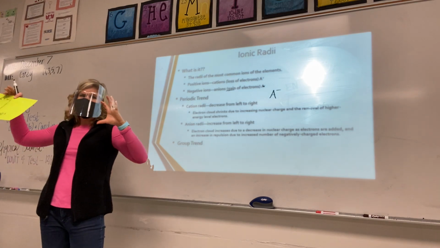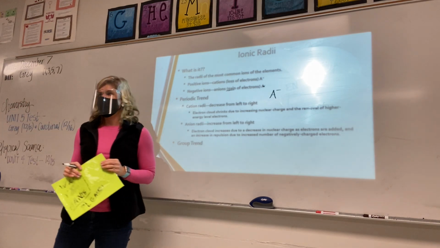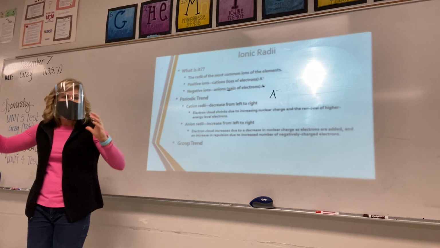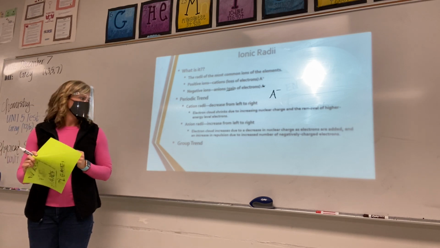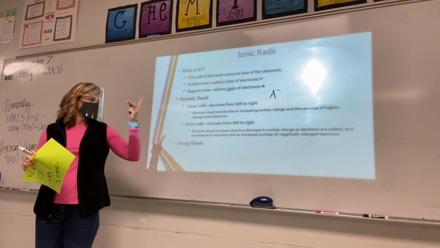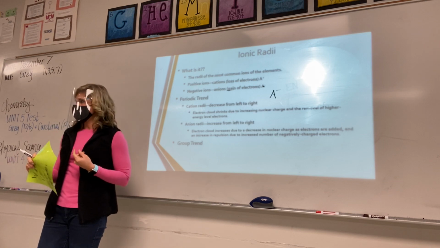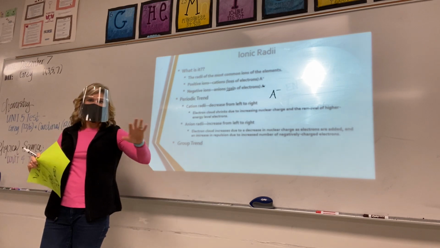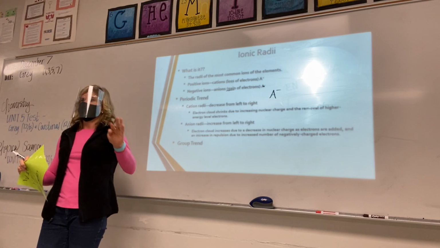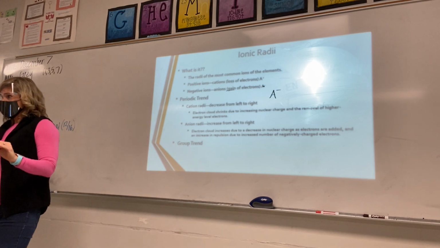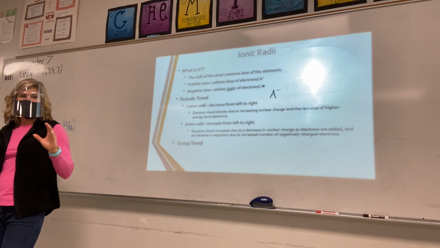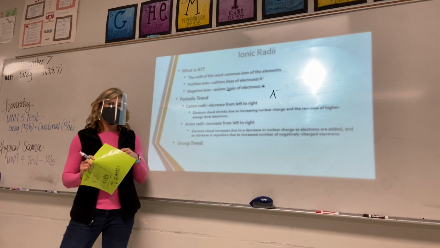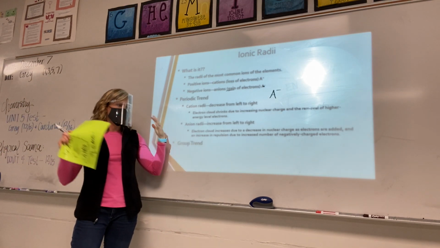So that cloud is able to shrink even more because it doesn't have as many electrons now to pull in. Anion radii is the opposite. Now we're shoving more electrons in. So more repulsion happens in that electron cloud, causing the electron cloud to grow larger.